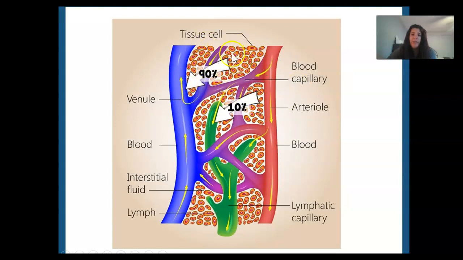About 90% of that fluid can end up going right back into our blood supply, but 10% is going to go into these lymph vessels, which are located right here in the green. Here are your veins, your venule, and here's your arteriole. Sometimes I think it's nice on your diagrams to color these, so that it's a little easier to see these green vessels representing the lymph, and then the veins and the arteries.